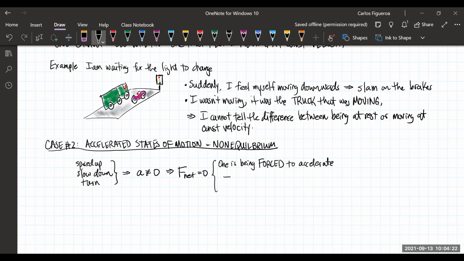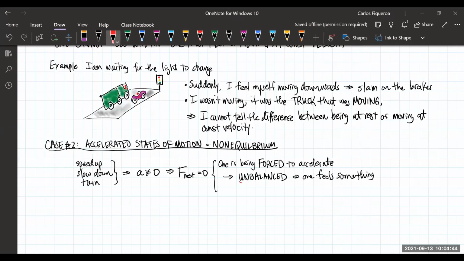So the only thing we can say here is that now we have what? Not balanced forces, but unbalanced forces. So therefore, one feels something. One feels something.